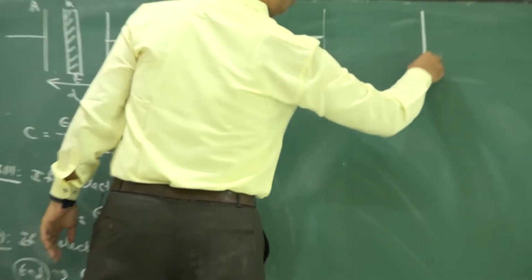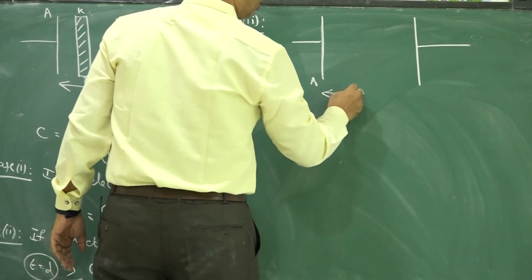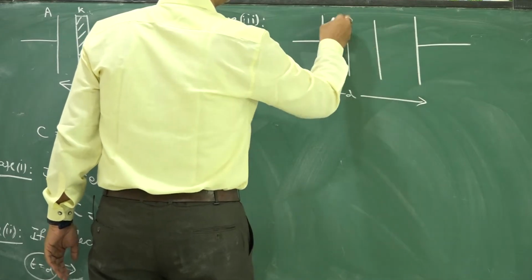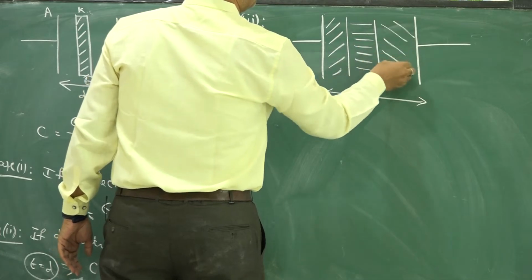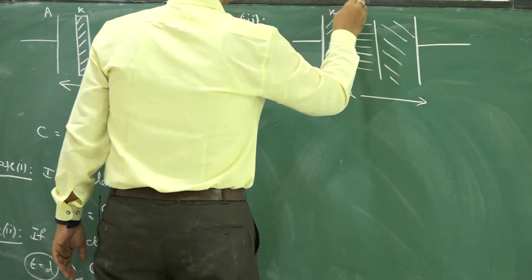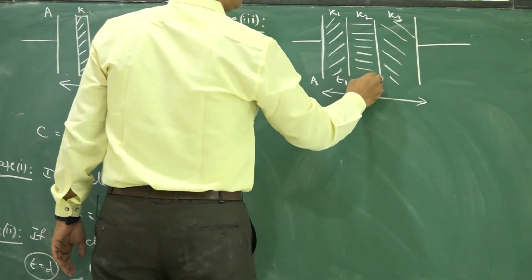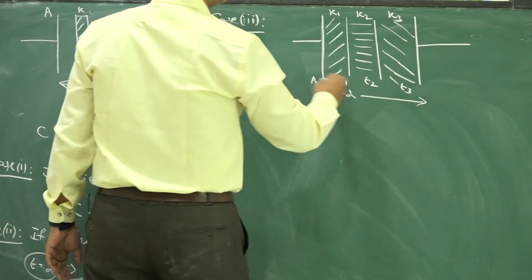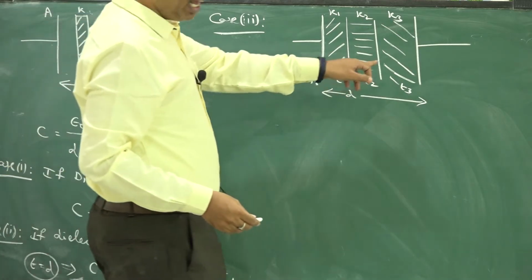This is the capacitor, plates each having area A, separation D. You filled this space with 3 different dielectric mediums: one, another, and another, with dielectric constants K1, K2, K3 and thicknesses T1, T2, T3. So we filled the entire space with 3 dielectric mediums. Now I would like to find the capacitance of the capacitor when it is filled with 3 dielectrics.